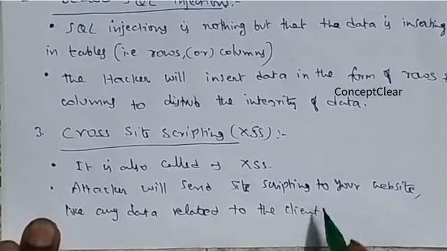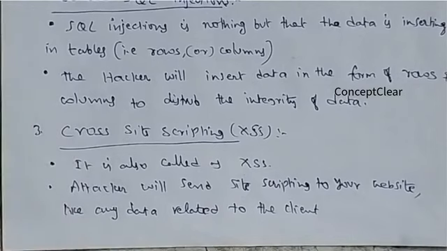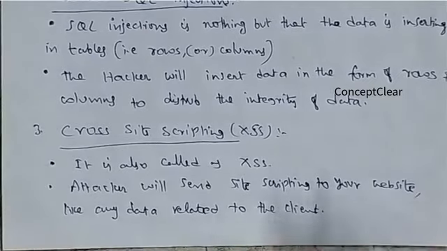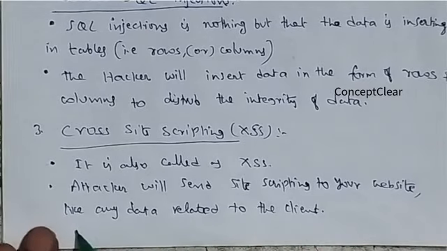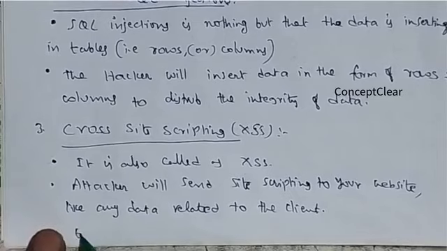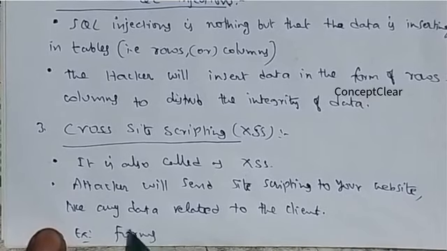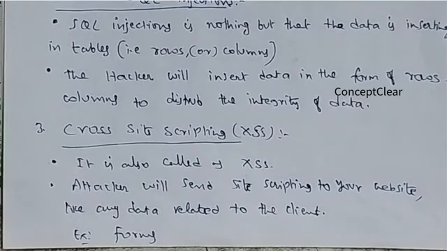He will send some related data of ours. By looking at that, if you click on it, the data will be attacked. For example, they will send forms that look like our website forms. By looking at that, we will think it is our website only. So if you click on that, the data will be hacked.